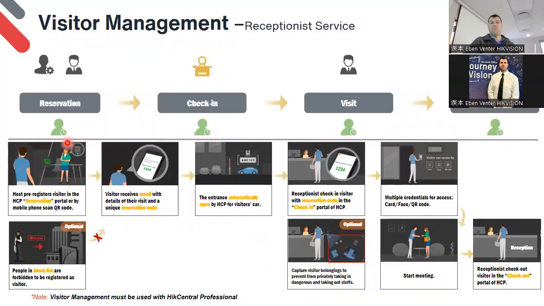So basically, if your visitor arrives at the premises, or he's letting the salesperson know that he's coming through to see you guys, he can make an appointment or booking. That will go through onto the system. Once it goes through, the person in charge of that, whether it's HR or the manager, will register the person, and then it will send him an email with a verification code. Once he's there, he enters the verification code.